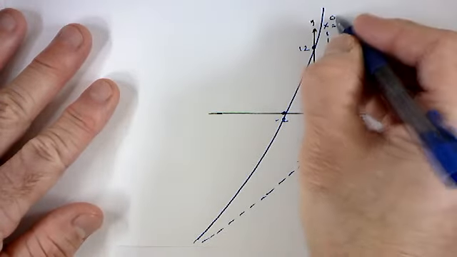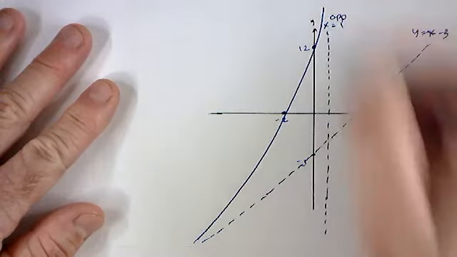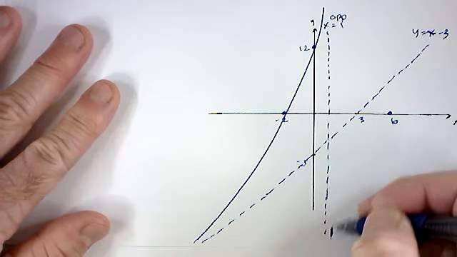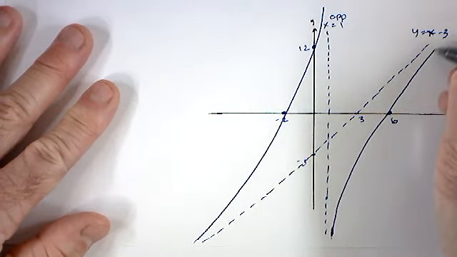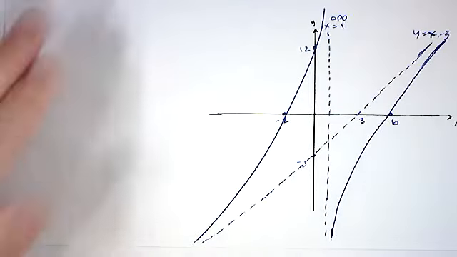Remember that this was an opposite vertical asymptote, so if it went up on the left side, it's coming on the opposite side. It's going to be going down, going through my x-intercept of 6 and approaching this slant asymptote to the right.